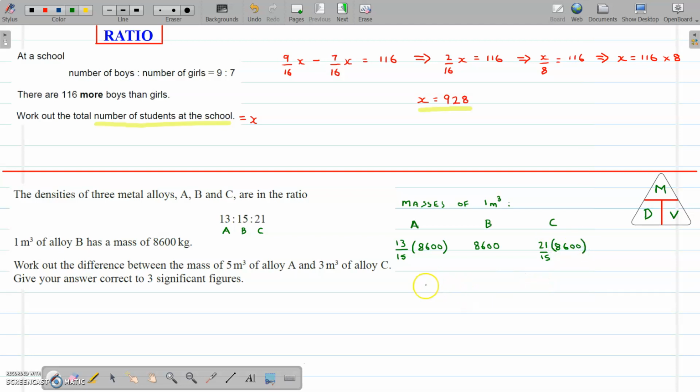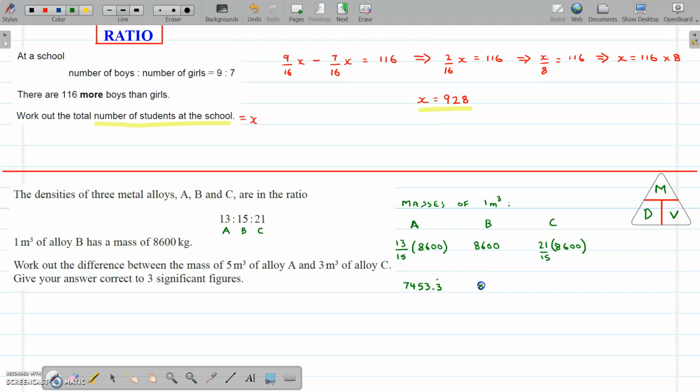If you take that down below and actually work them out, the first one comes to 7,453.3 recurring, so it's a third. Now you'll notice that we're going to be working to 3 significant figures, so this is more than accurate enough for the time being.